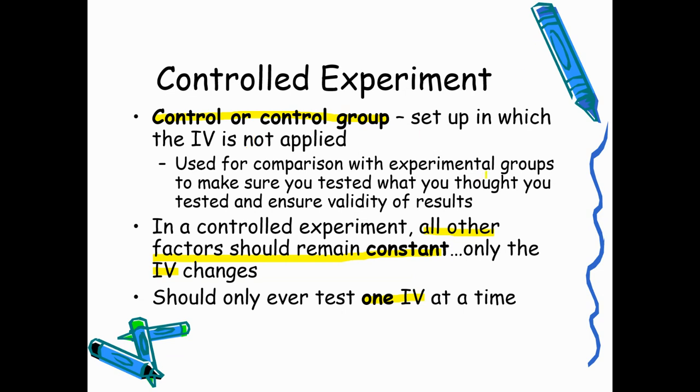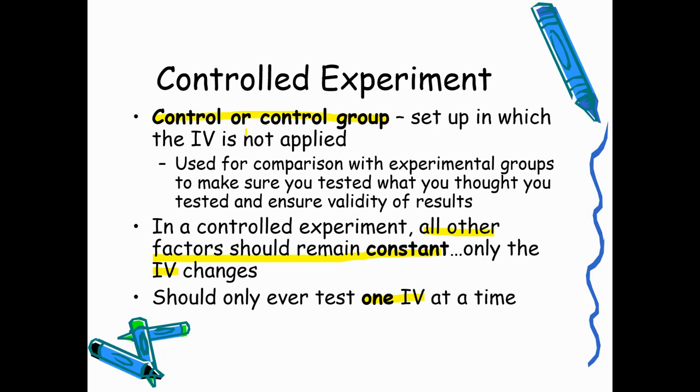If we're talking about the plants, I can't have a group that gets 10%, a group that gets 20%, and a group that gets 30%. If they all die, I cannot conclude that salt kills plants, because I do not have a control group, okay? So in my salt experiment, I'm going to have a plant that gets no salt. Now, it still has to get the water.